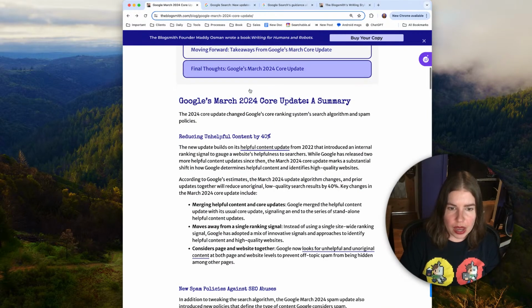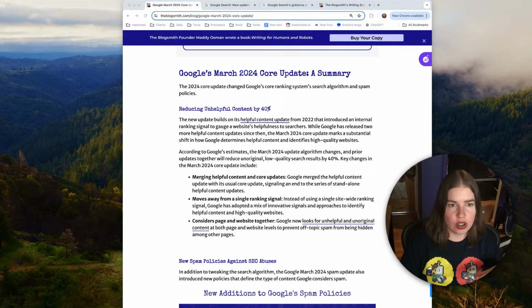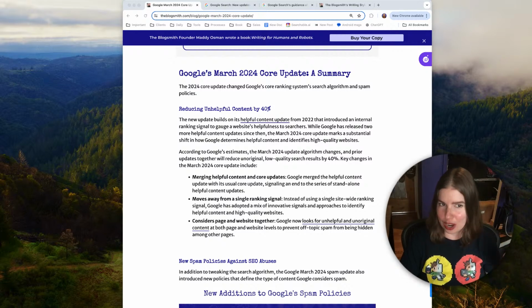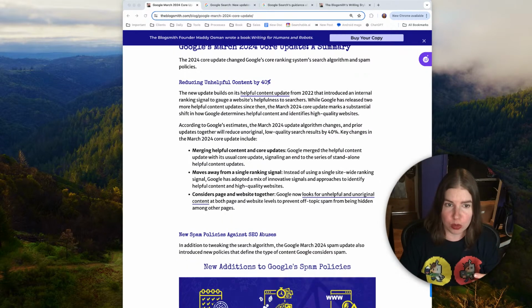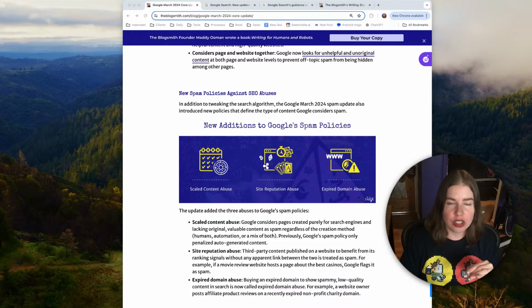Okay, so there's some stuff in this article about core and algorithm updates in general that's interesting if that's of interest to you. I'm not going to spend too much more time on that. We talked a little bit about these new additions to Google's spam policies.